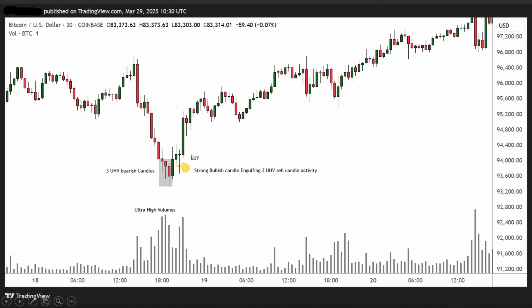So that's a very clear setup. You have three ultra high volumes, clear cut on sell candles, and you know that big players, smart money, professional traders actually buy at that place. And when the market reverses, it is producing a low volume. Low volume means market makers are active.